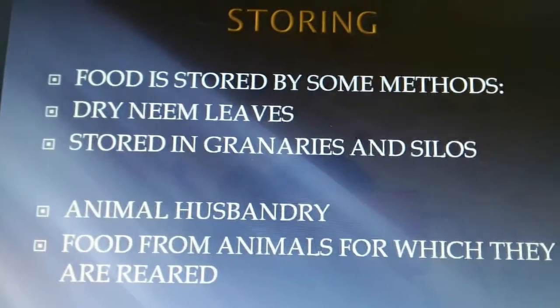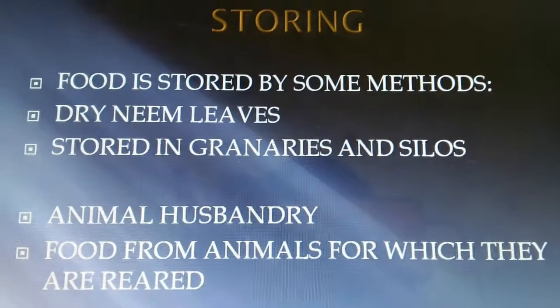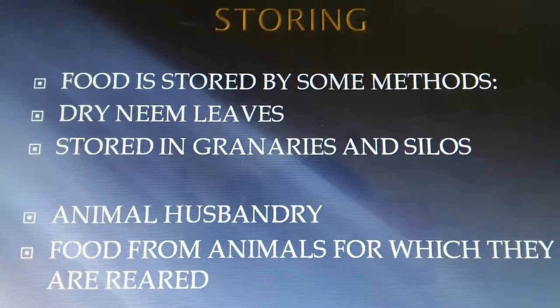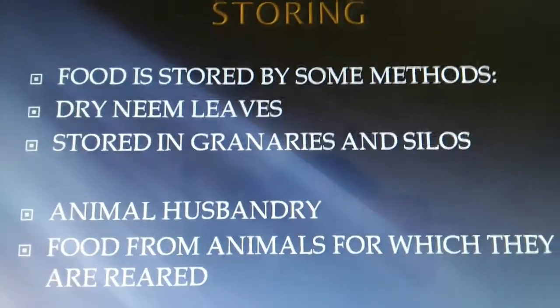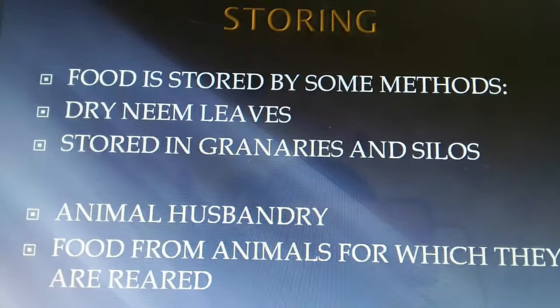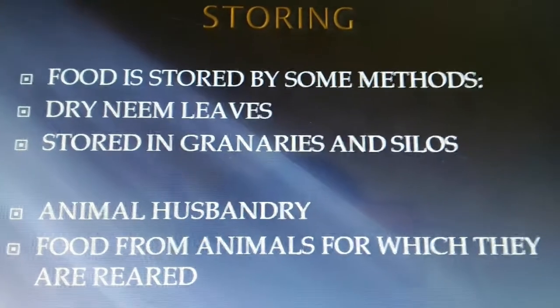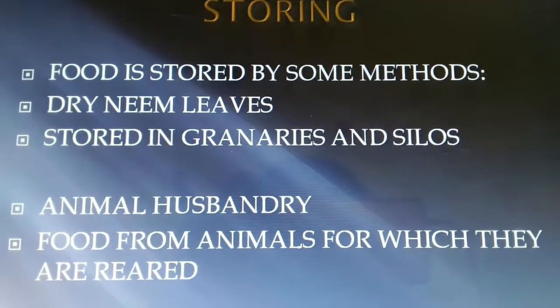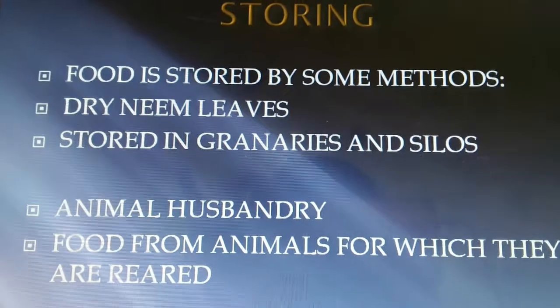And in this chapter, you could see one more small box in your class book. In that, you could see the topic animal husbandry. What is animal husbandry? We get food from animals, right? Such as milk and eggs. If you rear animals for these purposes, this is called animal husbandry.